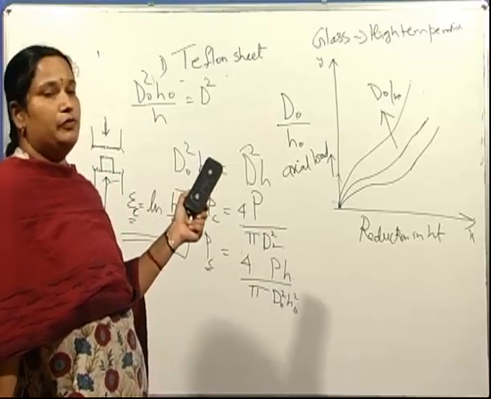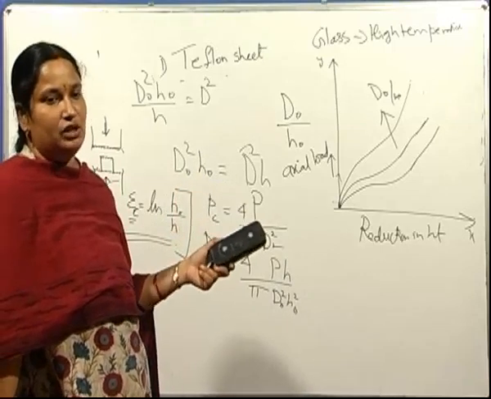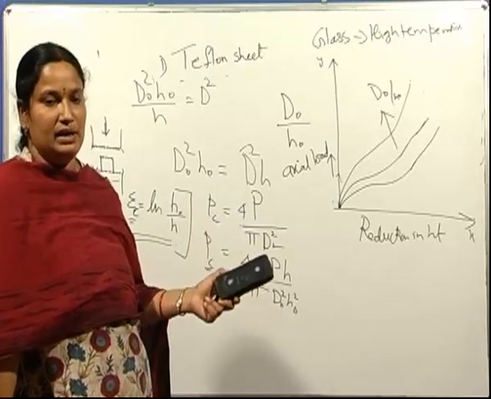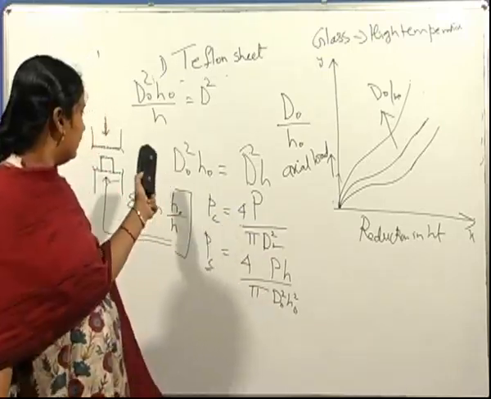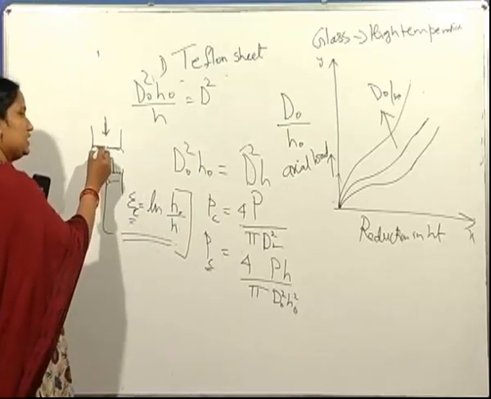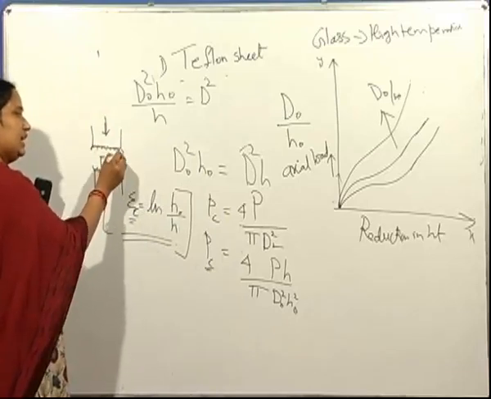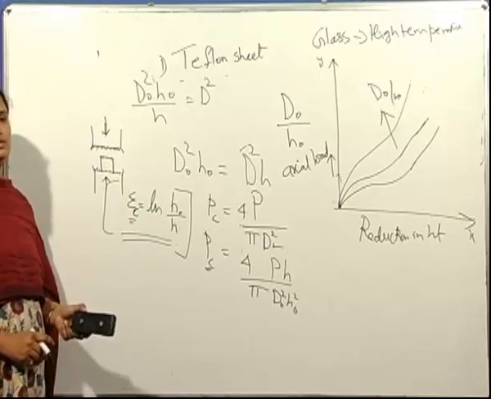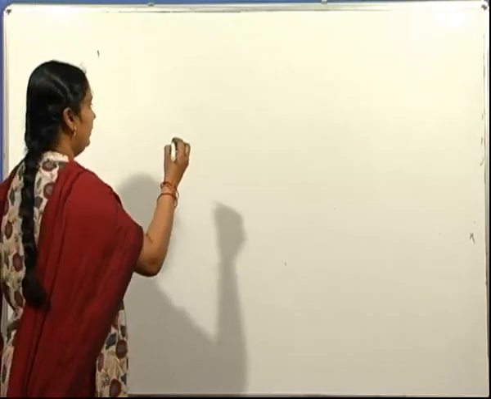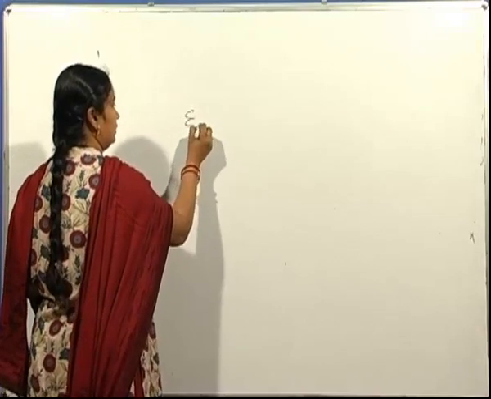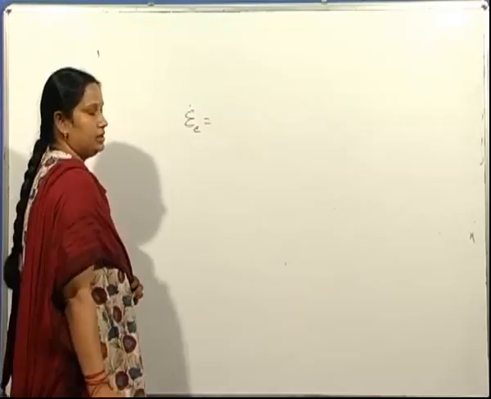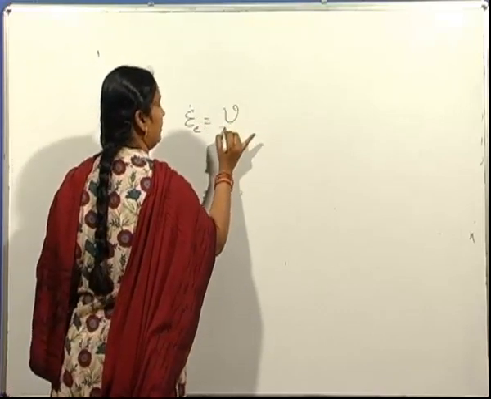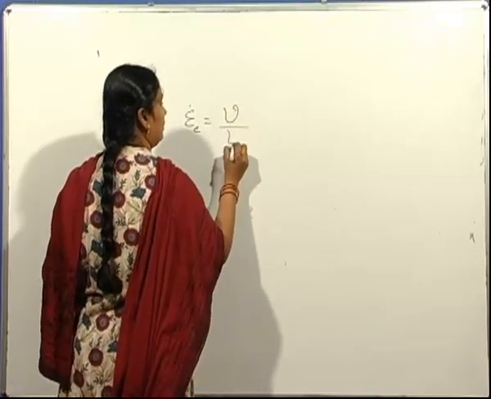So these are some of the precautions that are to be taken during the compression test to minimize this barreling: applying the lubricants, having the smooth surfaced platens with slightly curved ends so as to retain the lubricants. The engineering strain rate in compression is, strain rate is equal to V by L naught.